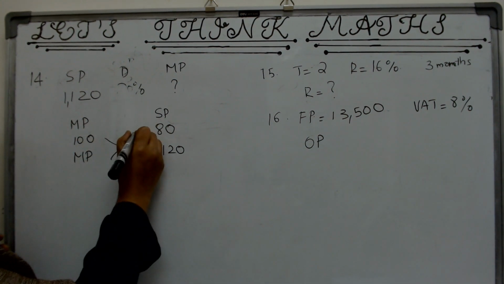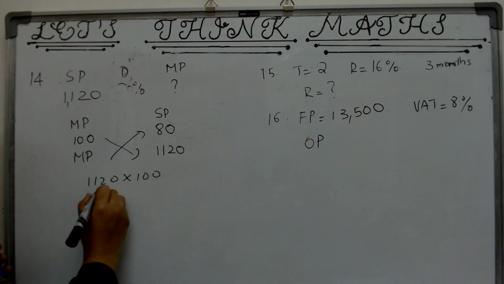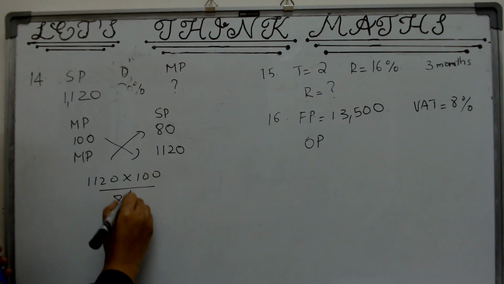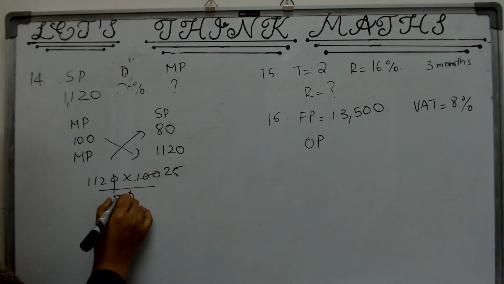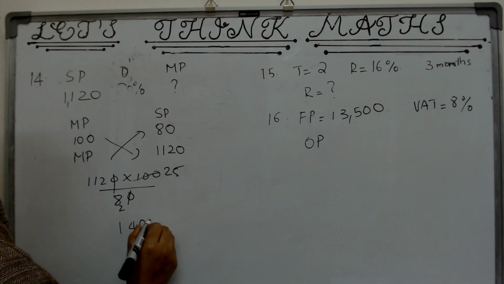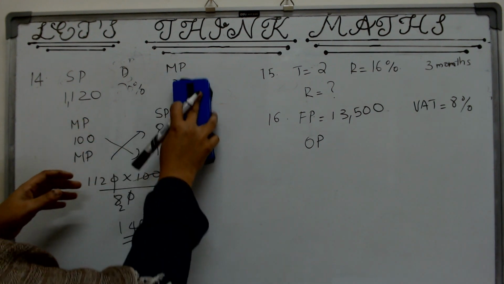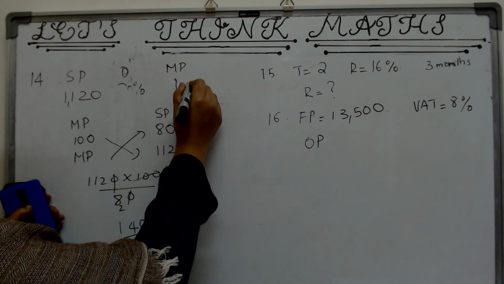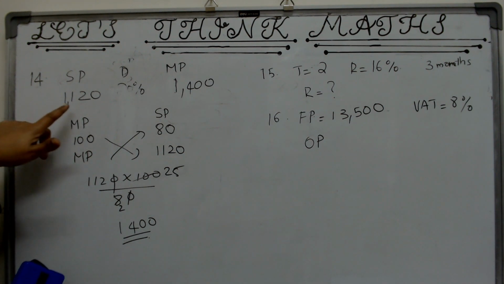Cross multiply. Your marked price is going to be 1400. So this is your marked price. So the price was actually marked at 1,400, but then he got it for just 1,120.